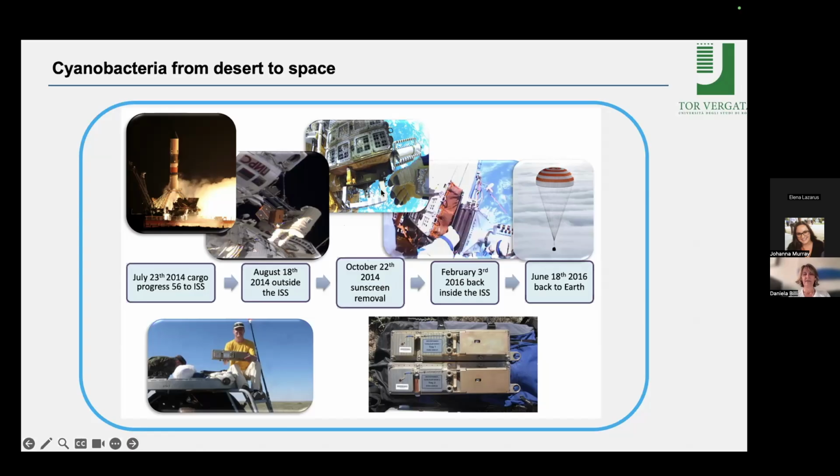They were kept there for a year and a half, a very long time, and then they returned back to Earth in June of that year, under the seat of Commander Tim Peake, and these are two of the three EXPOSE parts that were recovered on Earth.